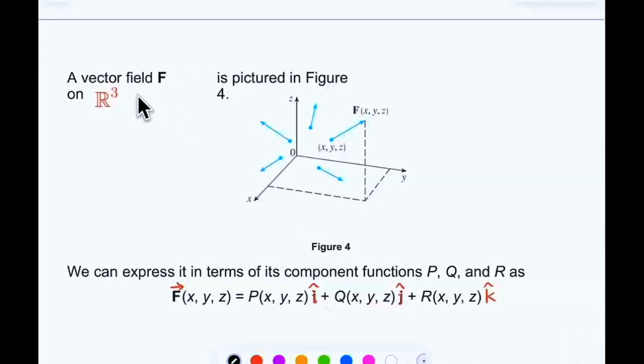Here's a picture of a vector field on R3. Every point over here in R3, we associate with a three-dimensional vector. The output of the function will be a three-dimensional vector.